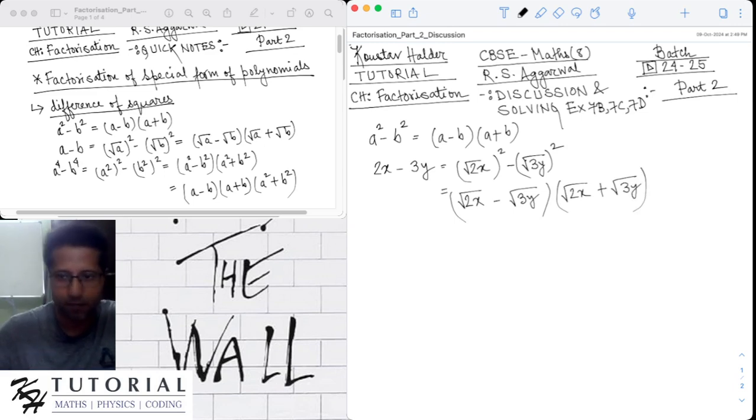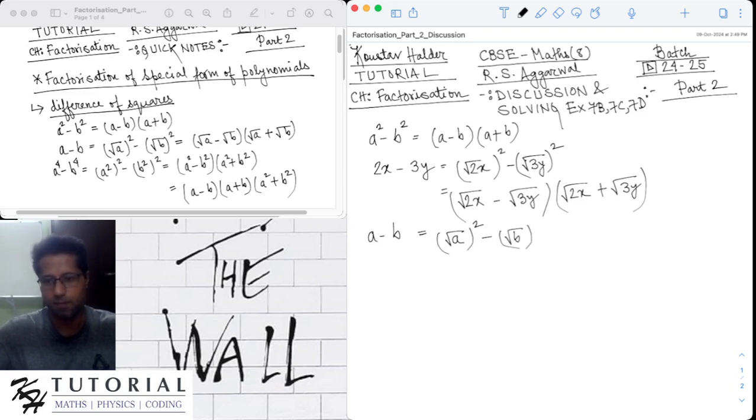So this is a little bit of information that if you have any expression in the form a minus b, where a can be any term and b can be any term, that is the difference of two terms, and you are asked to factorize it, then you can always express a as square of root a, and b as square of root b, because we know that for any non-negative number, the square of its square root is always the number itself.